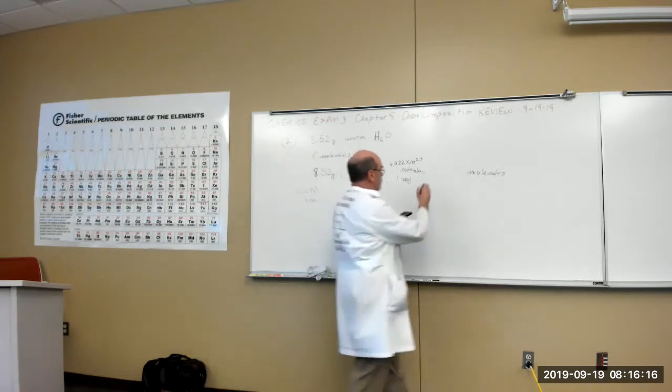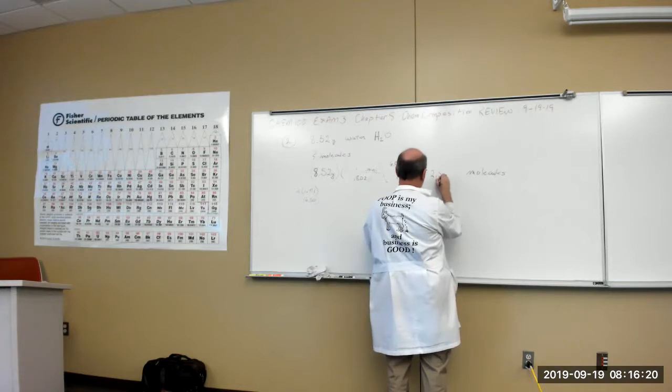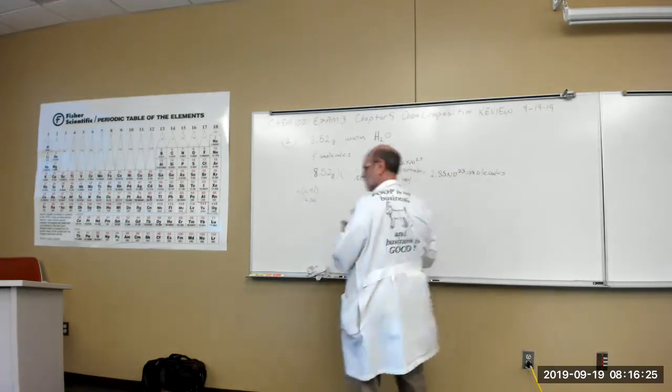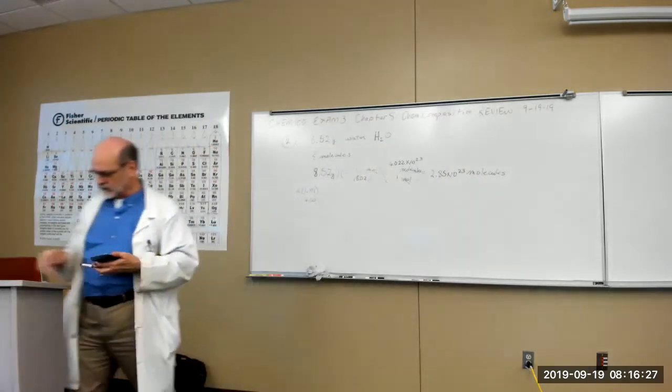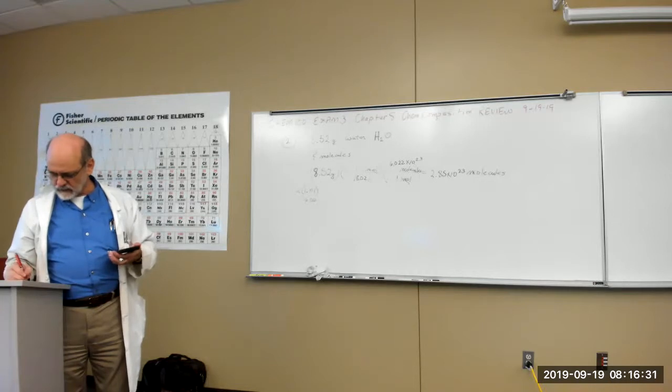So I get, let's see, I can keep 3 of them. 2.85 times 10 to the 23rd molecules. Let's see if that's one of our answers. Yep. So for number 2, the answer is A.